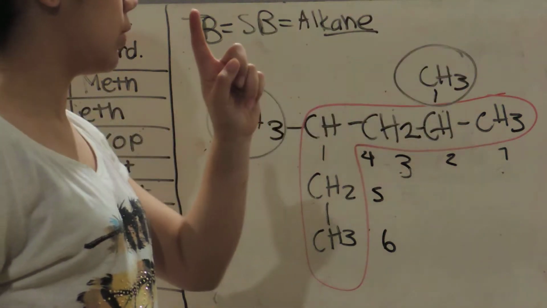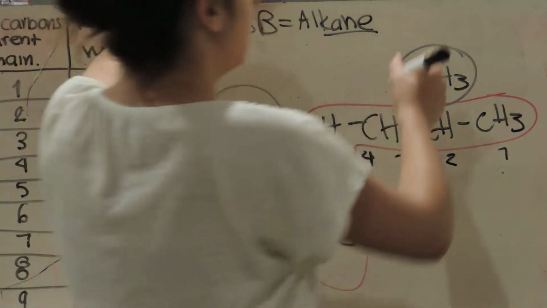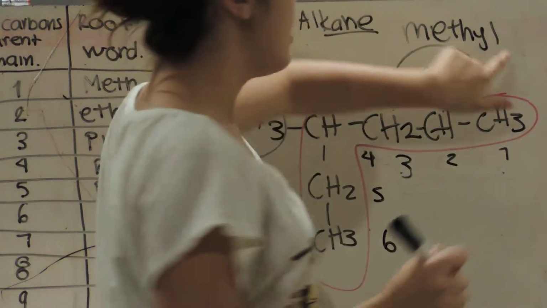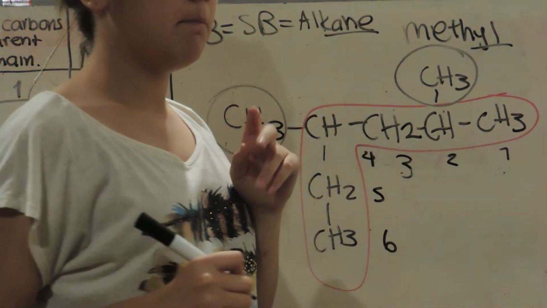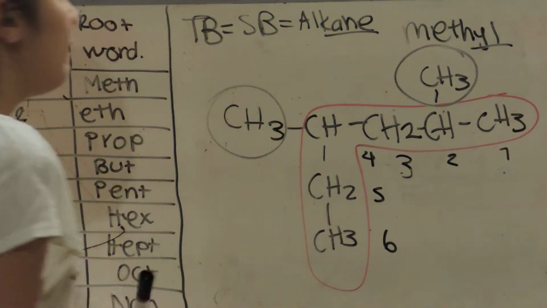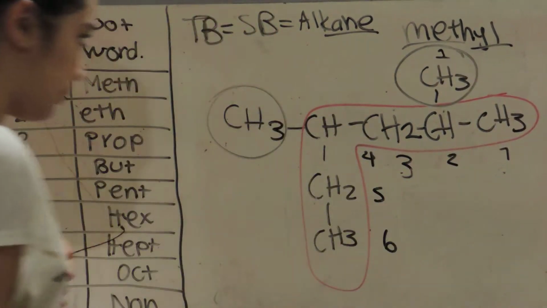There is only one carbon in the alkyl group. So, one carbon equals meth. So it's methyl. The termination "-yl" means that it's an alkyl group. And meth means that there is only one carbon.